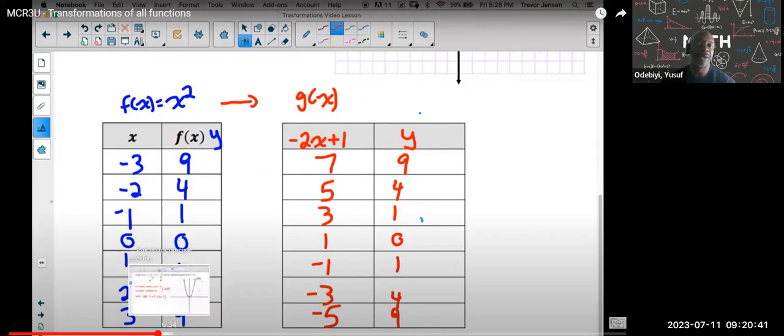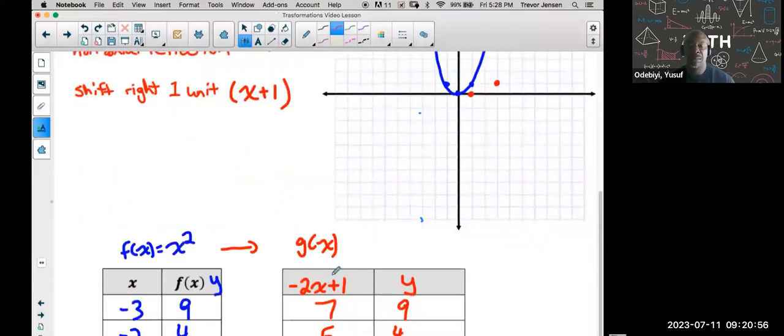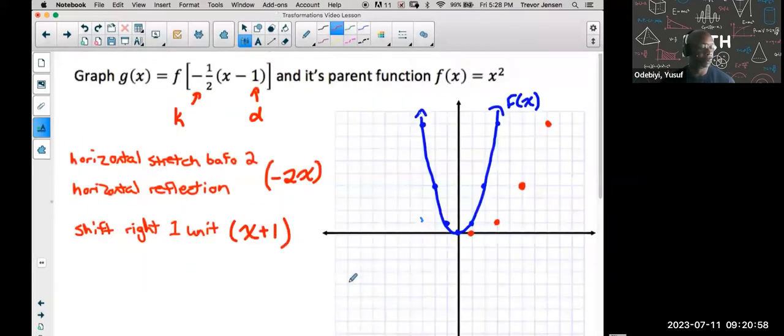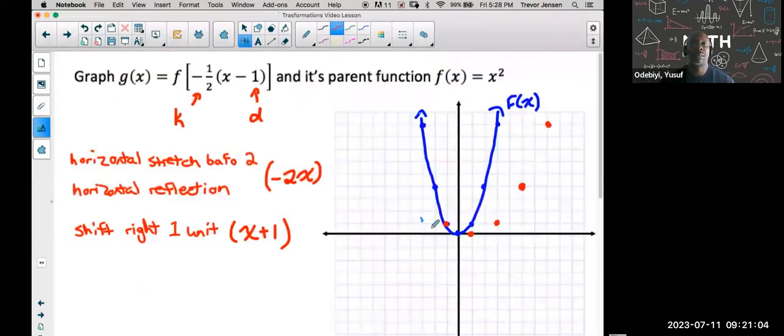So now if you plot those points, there you go, start plotting them here. So I'm going to play it from here so you can see. See, it started on this side and it's stretching. And then the point 1, 0 was my vertex. And then my last 3 points, -1, 1, right on top of there, -3, 4, -5, 9.